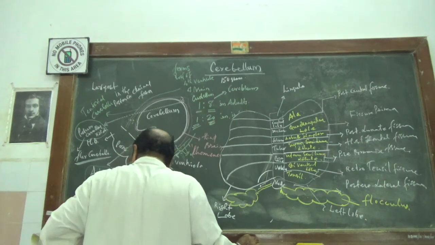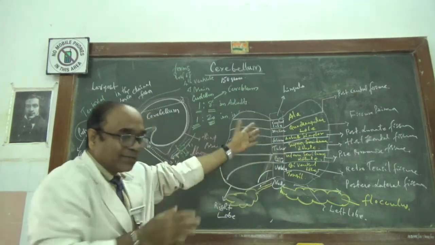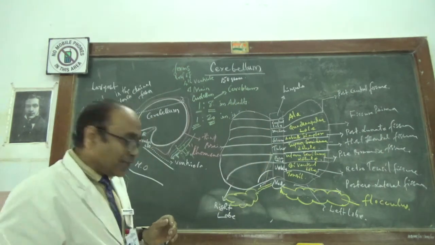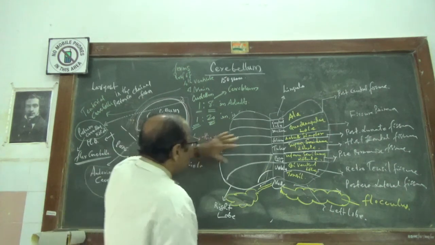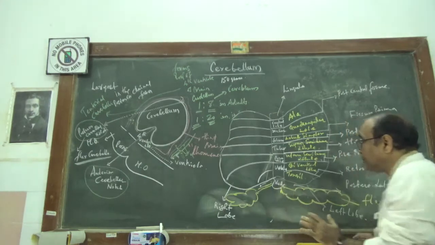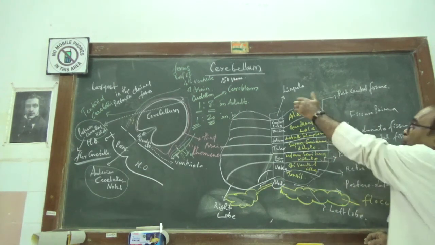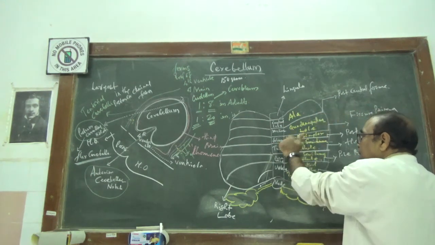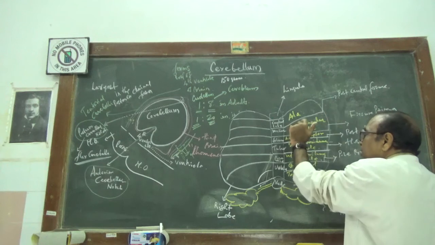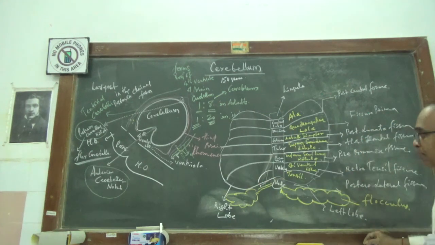Now this is the division and the subdivisions. You will get the hemisphere and the lobes and subdivisions of the hemisphere on the anterior cerebellar notch, posterior cerebellar notch, and on the superior surface and inferior surface.